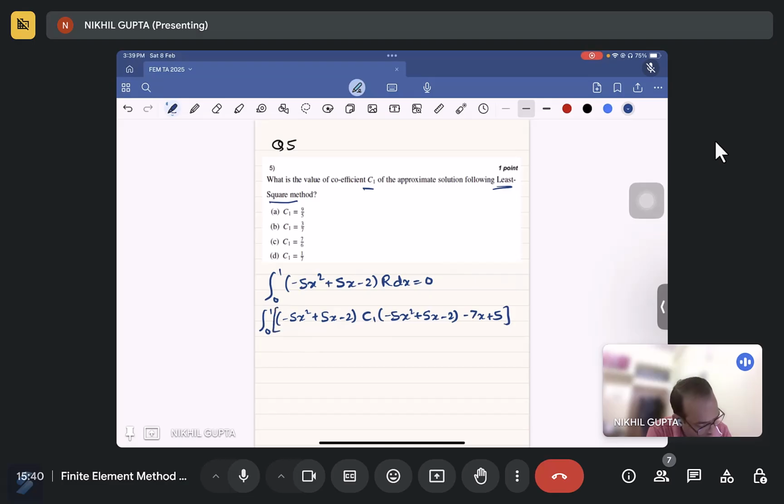This whole dx we have to solve and make it 0 to get C1. Okay, let's do one thing. Let's divide into two parts. Let's solve this and this.